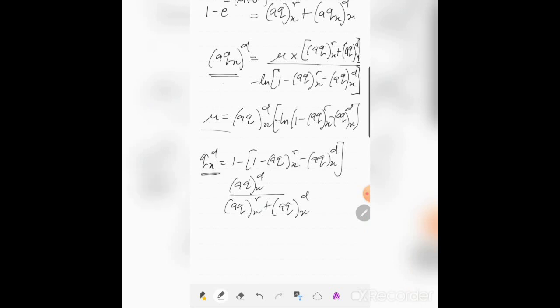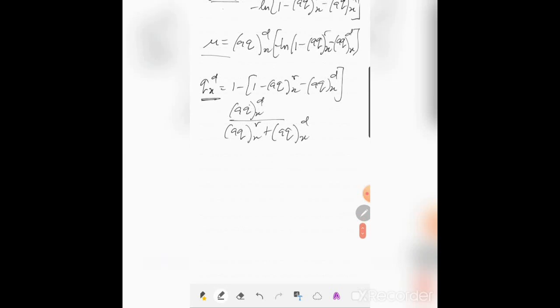This is what comes out as qxd. And if I'm talking about qxr, instead of D it becomes R. So this is the typical relationship we can use to convert between aqx and qx. So these are the independent probabilities because of the decrements, and any kind of numericals can be worked out accordingly.